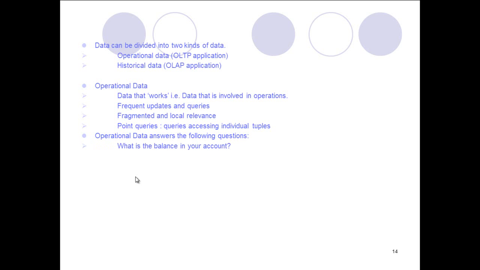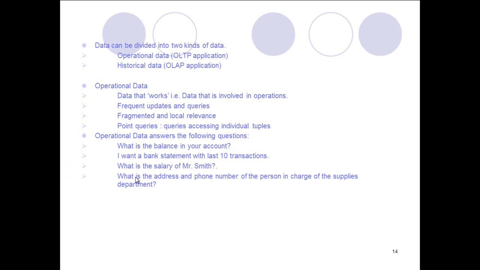They are individual tuples, much more current questions. I want a bank statement with the last 10 transactions. And what is the salary of Mr. Smith? Simple questions like this the operational data can answer, and that is called OLTP data.